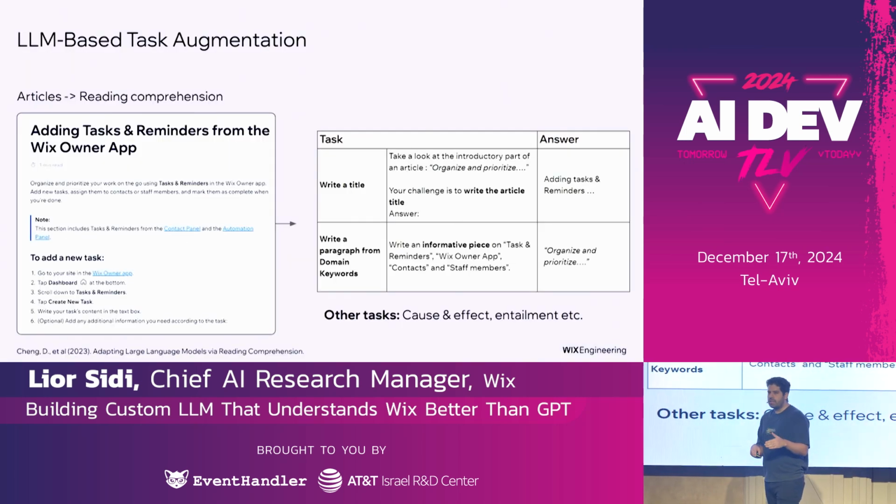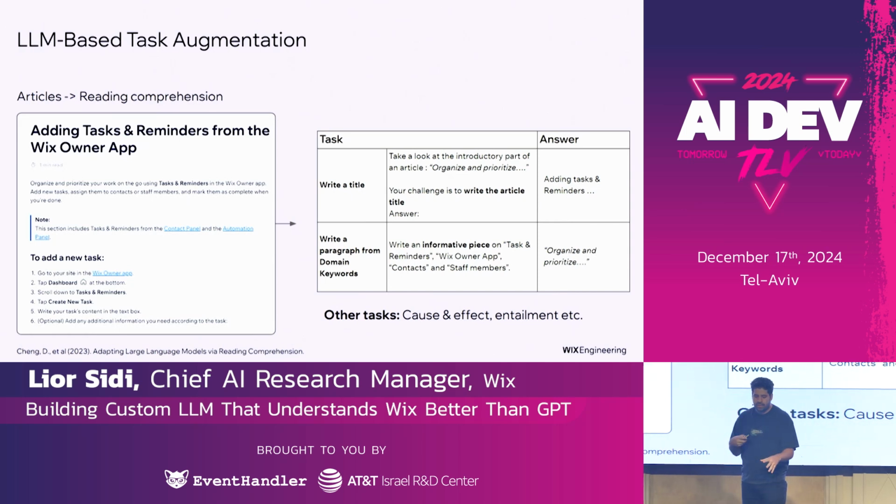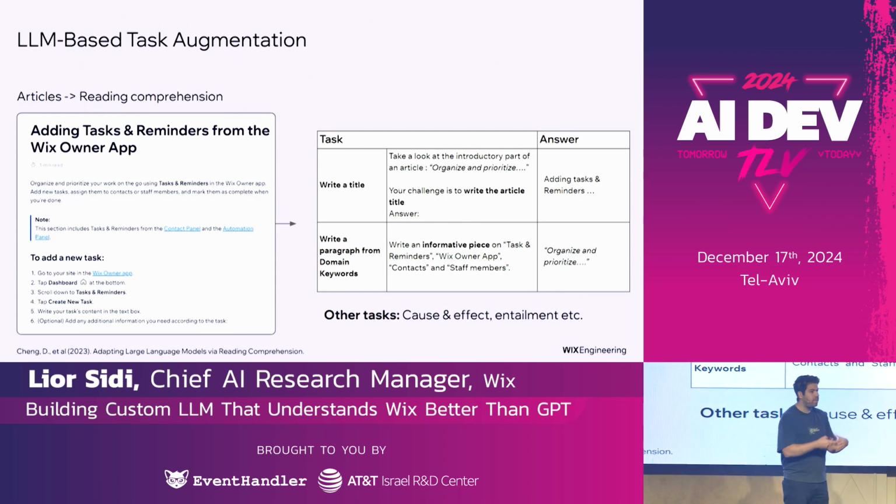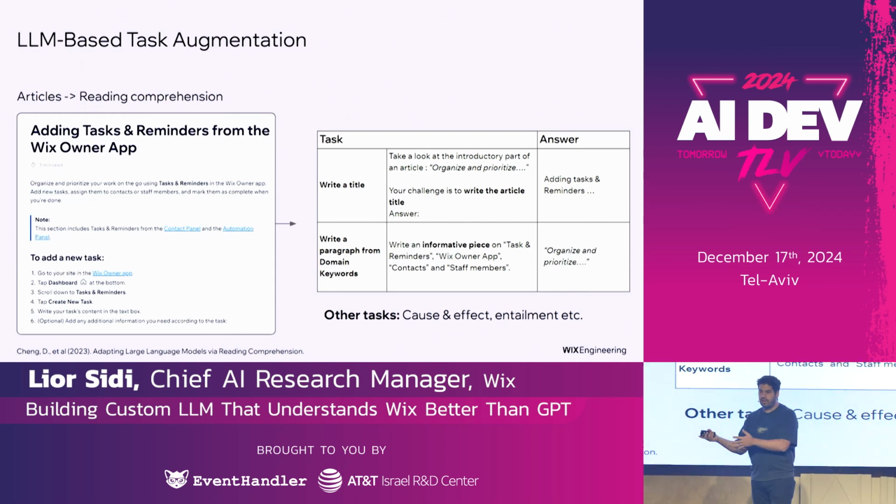So for reading comprehension, you give it a text, and you extract different reading comprehension tasks. For example, you have an article. It has a title. So the task is: given this paragraph, please generate a title.